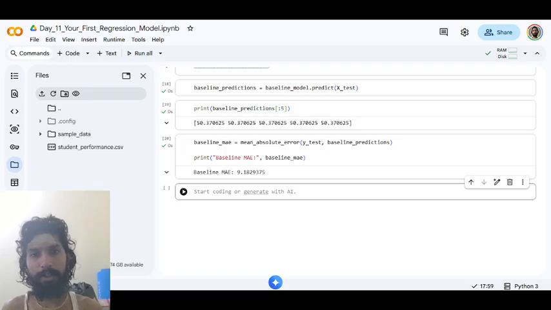Do not focus only on whether the number appears small. We will need something meaningful to compare it with. That comparison will come from our linear regression model. Now let us introduce linear regression. Linear regression tries to model the target using a weighted combination of the input features. A simple version may look like this.